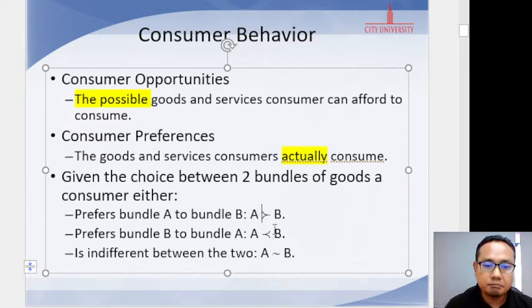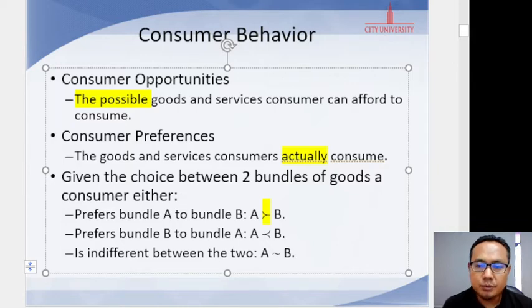We will let this symbol denote this ordering and write A preferred to B whenever the consumer prefers bundle A to B.